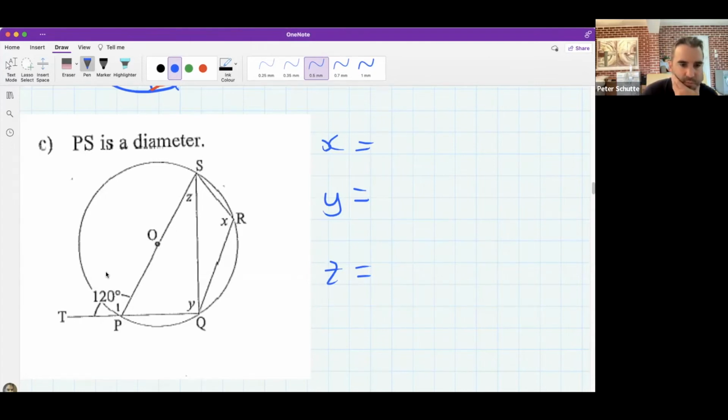I think I agree with you. Shoshana, the same thing. So Y is 90. X is 120. And Z, okay, we'll have to work that out.